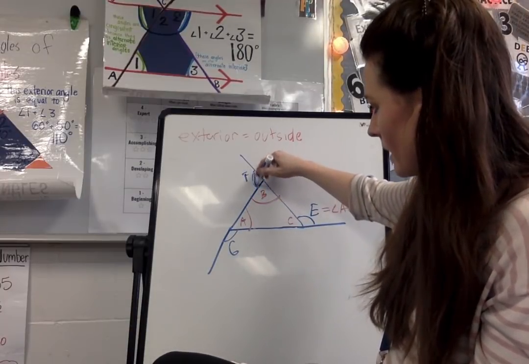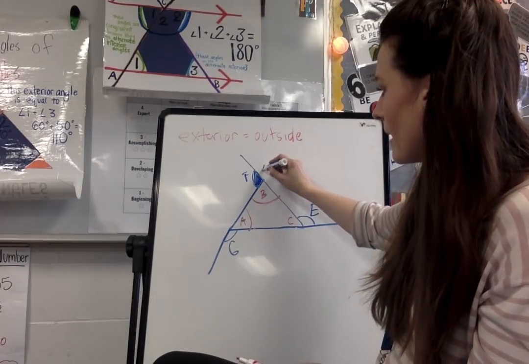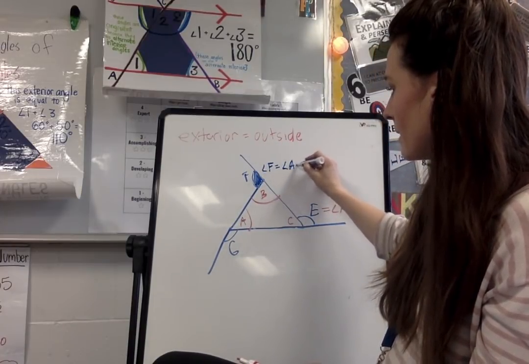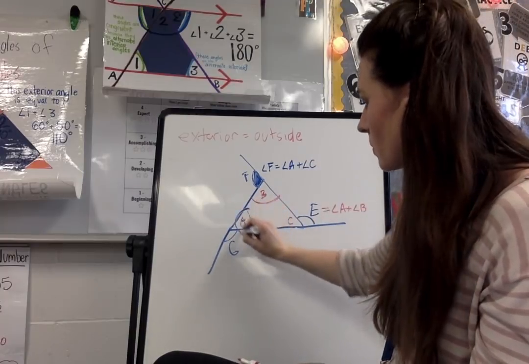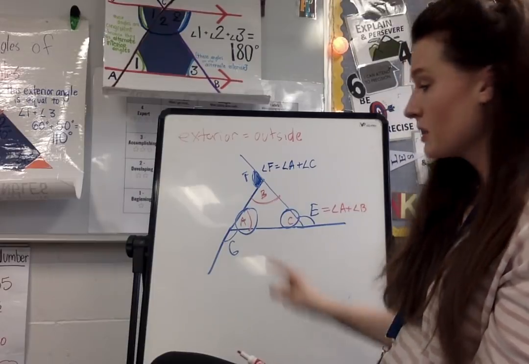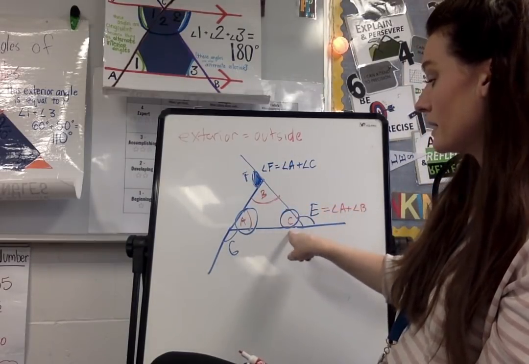Well, angle F is attached to angle B, so angle F must be equal to angle A plus angle C. Those are the ones not attached to angle F.